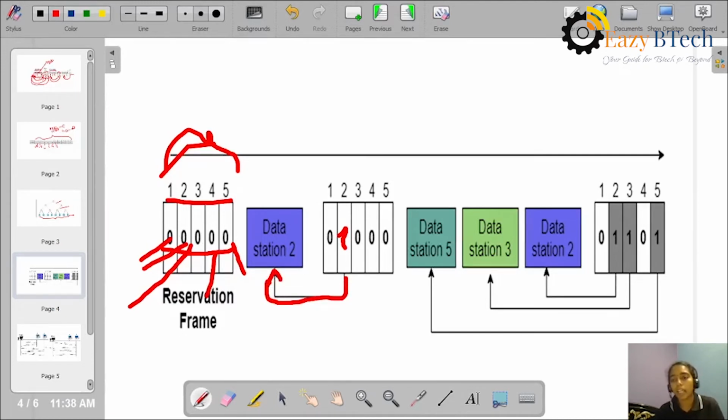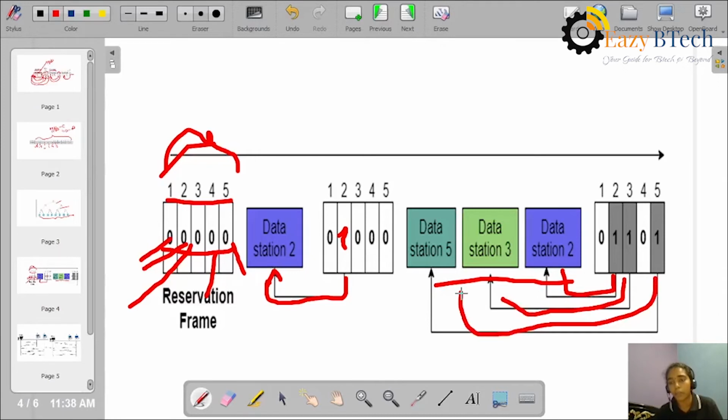Okay, so again in the second time, three stations want to communicate: station 2, station 3 and station 5, right? The first reservation is station 2, so the first channel will be allocated to station 2. After the completion of station 2, the next is priority based.